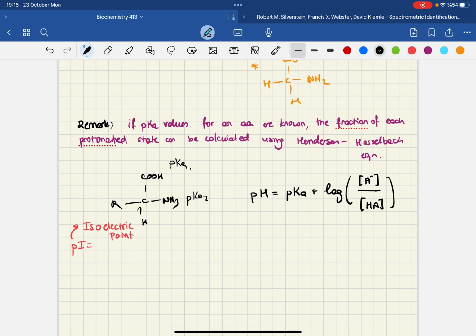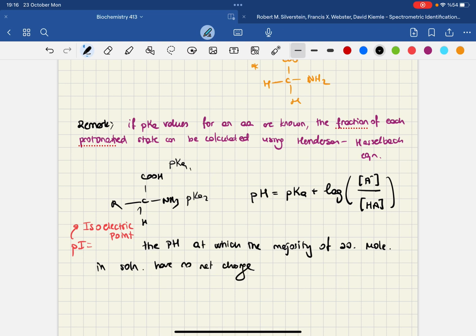And then what does that mean? We have a pH value at which the majority of amino acid molecules in solution have no net charge.